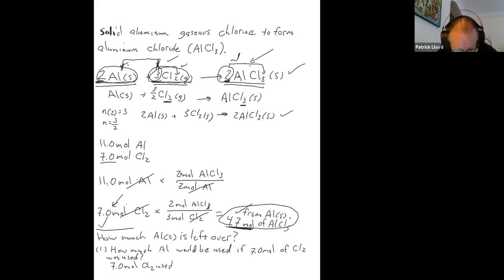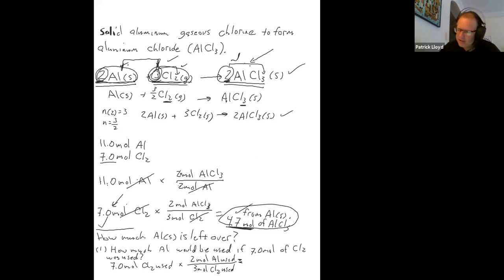The relationship is every time 3 chlorines get used, 2 aluminums get used. So I'm going to write that as 2 moles of aluminum used for every 3 moles of chlorine used. You don't have to write used in here. I'm just doing that so you can see what I'm talking about.